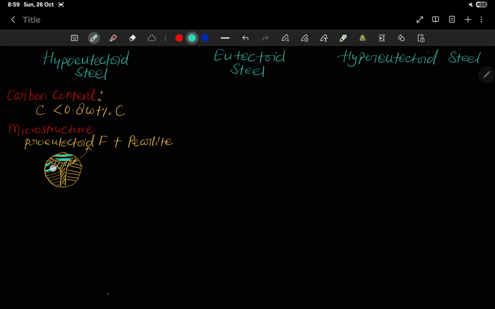I am choosing a different color just for representation.